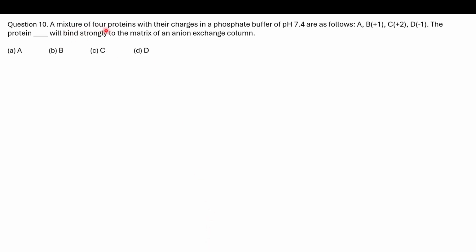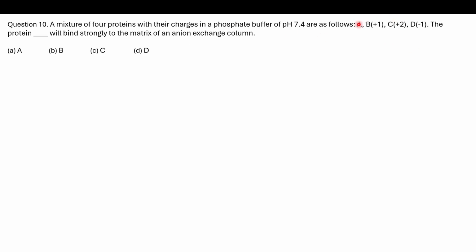Now, a mixture of four proteins has certain charges in a phosphate buffer of pH 7.4. Which protein will bind strongly to the matrix of an anion exchange column? The matrix of an anion exchange column is positively charged, right?